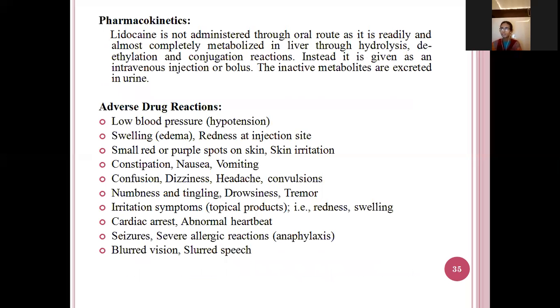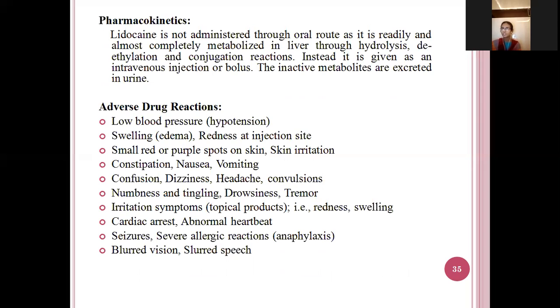Next, pharmacokinetics. It is not administered through the oral route, and it is almost completely metabolized in the liver through hydrolysis, dealkylation and conjugation reactions.